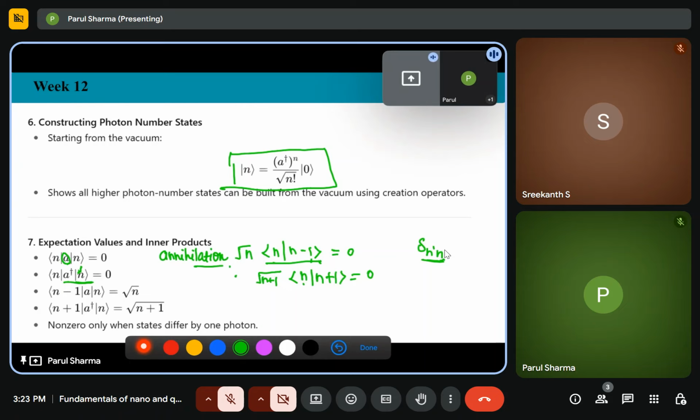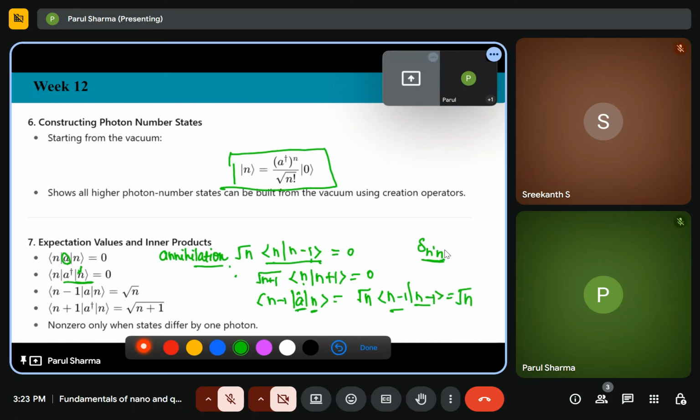Similarly, for n minus 1, the a operator, and n. So when a acts on n, it will give us root n and one state down, n minus 1. Now these two states are equal, so the resultant will be root n.